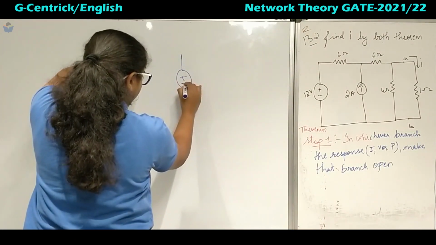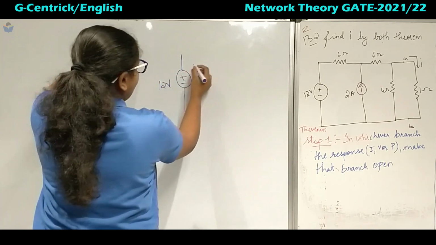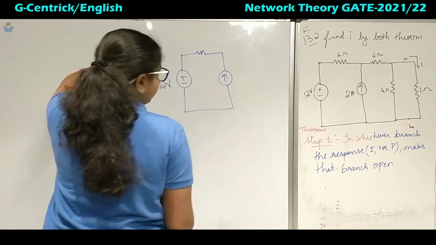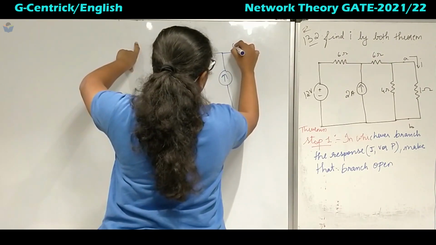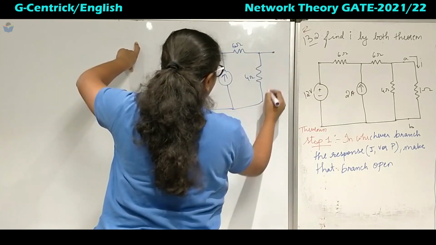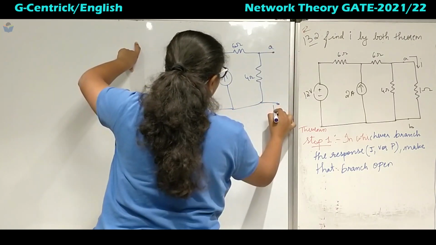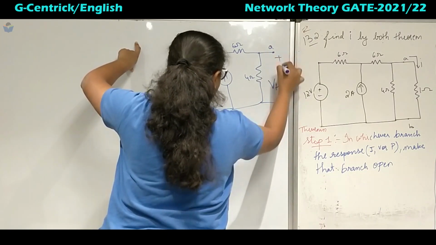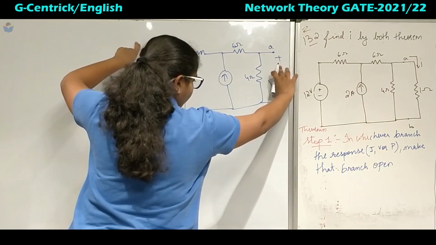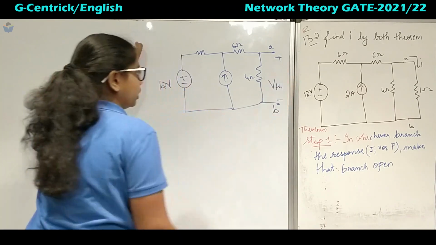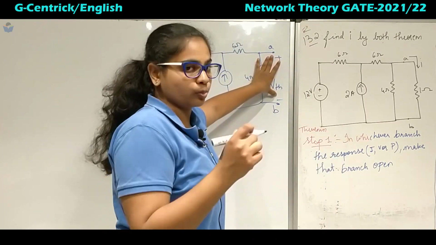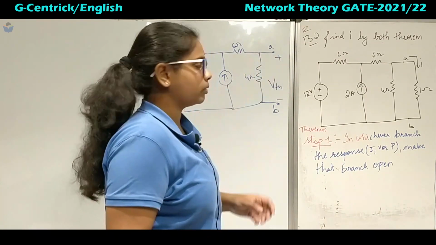This will be a 12 volt source, this is 6 ohm, this is 2 amperes, next 6 ohms, 4 ohm, and here this terminal should be kept open, and this will be VTH. We have seen that VTH is nothing but the terminal voltage or open circuit voltage. So the first step in Thevenin is that we have to open the branch in which the response is asked.